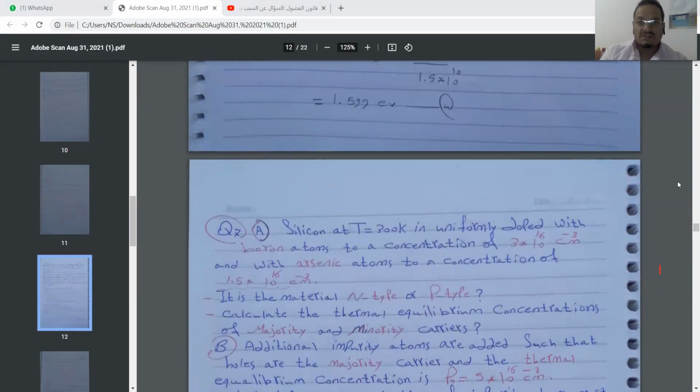We take it today. Here, the same situation: we're dealing with silicon at room temperature and uniformly doped with boron. Like I said before, boron has 3 electrons in the last shell.